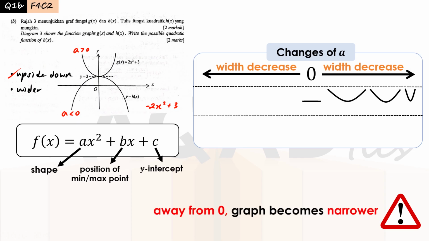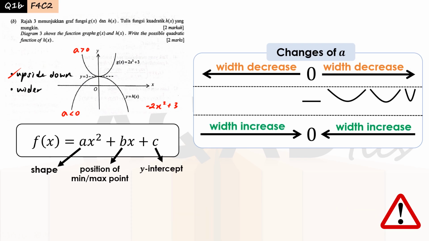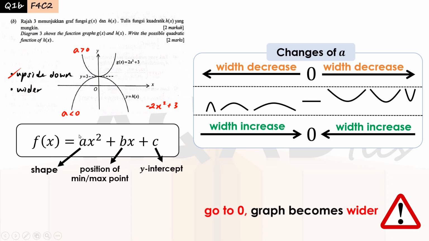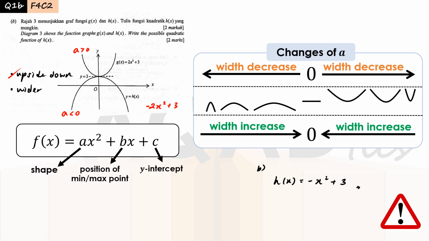But this is not what we want, right? What we want is the opposite, which is we change the A to be closer to 0. So the graph becomes wider, which is something like this, right? The graph becomes wider, which is what we want. So for our answer, we can change the value of A here, which is negative 2, to be closer to 0. So for example, to become -1, and that will be our answer.